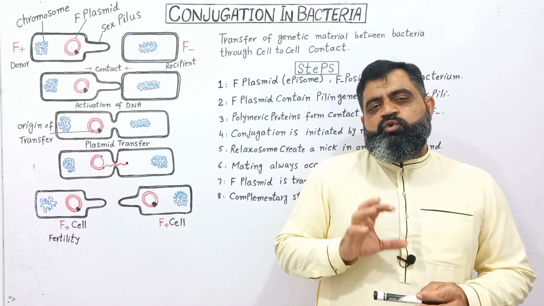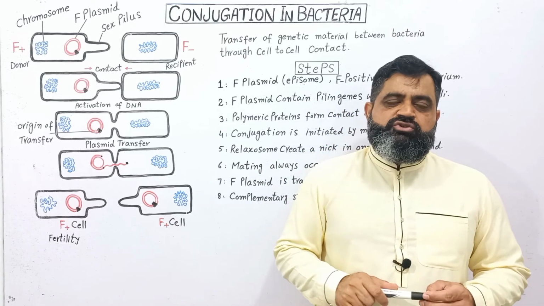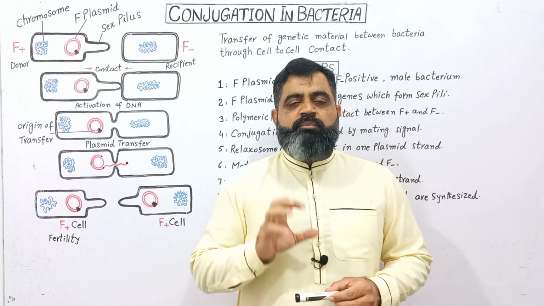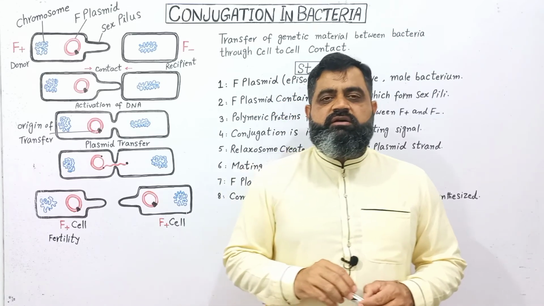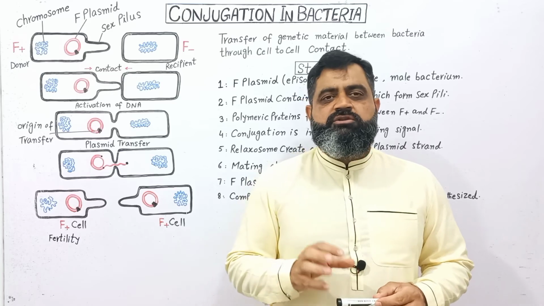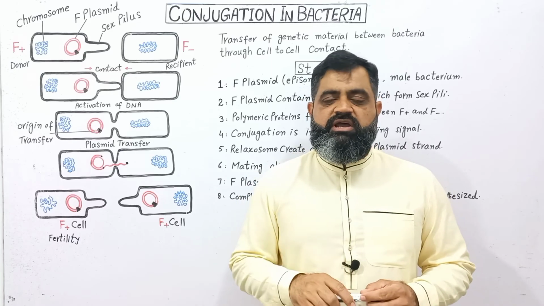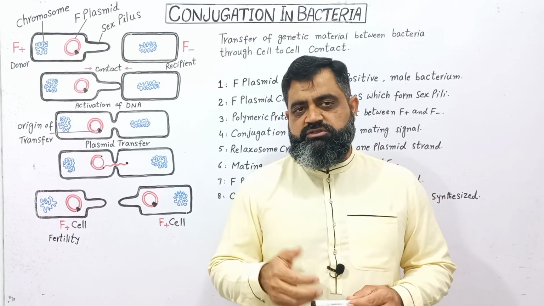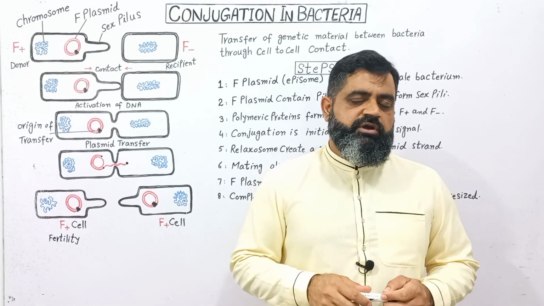So the question is, why do bacteria do conjugation? Bacteria live in a very competitive environment where they compete with other organisms, and they also risk their lives because of antibiotics, since human beings use a lot of antibiotics.